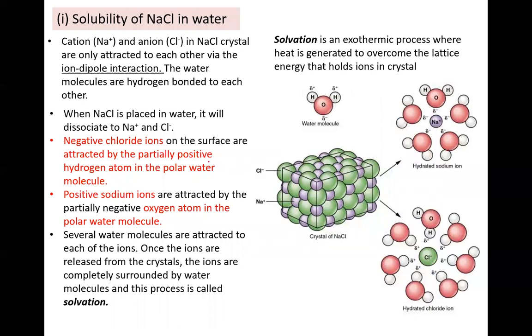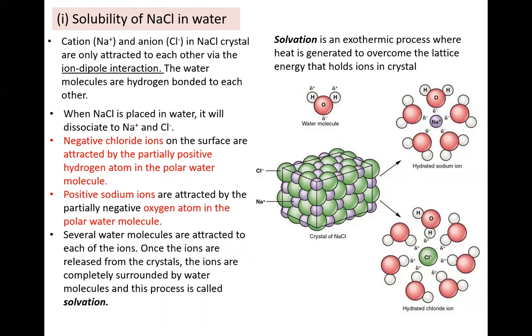So let's look at the solubility of sodium chloride in water. We have a cation, sodium Na+, and an anion, chloride Cl-. In the NaCl crystal they are only attracted to each other via ionic attraction, while the water molecules are hydrogen bonded to each other.